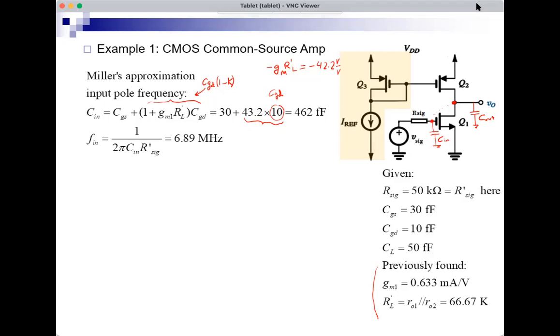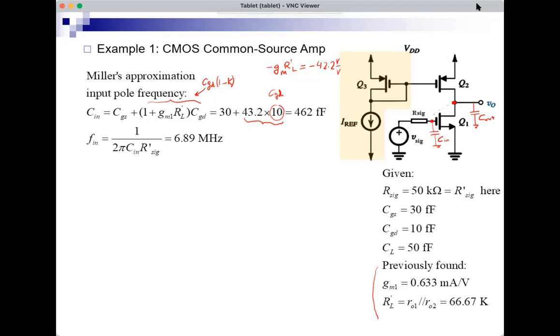And at the input, the resistance that corresponds to Cin will be R prime sig, which is R sig in this case. So if we calculate this with R sig 50K, Cin 462 femto, 1 over 2 pi times that, I get 6.89 megahertz. This is the input pole frequency.